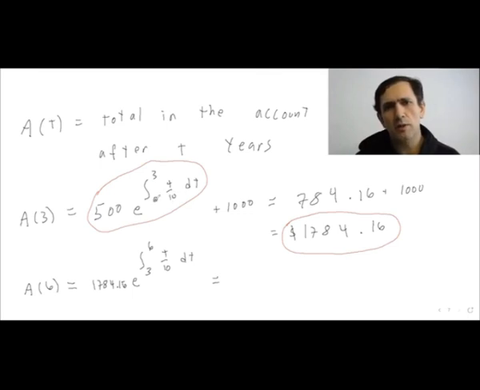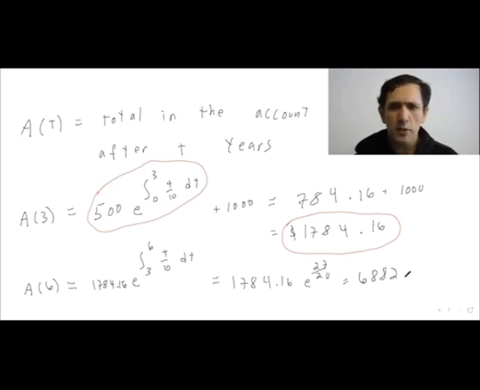So 36 over 20 minus 9 over 20, it's 27 over 20. You dump this into your calculator, 6882, and well, same answer.